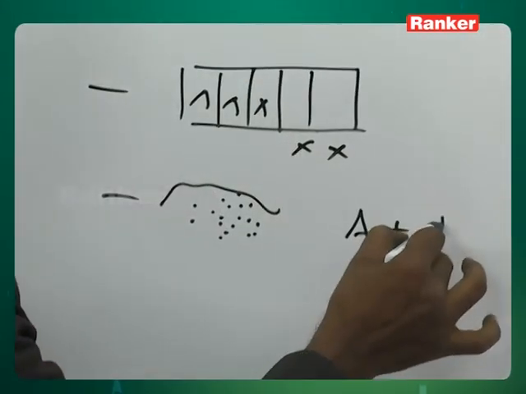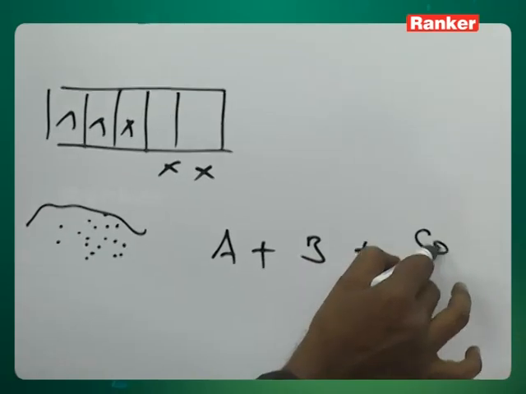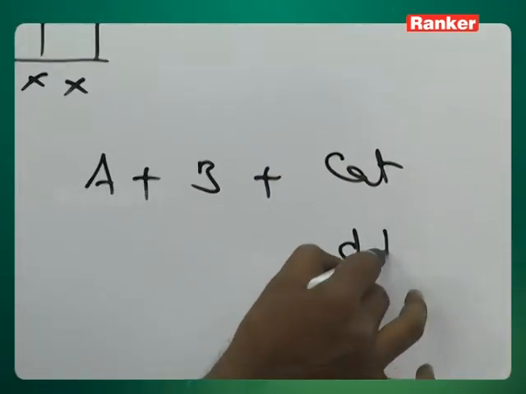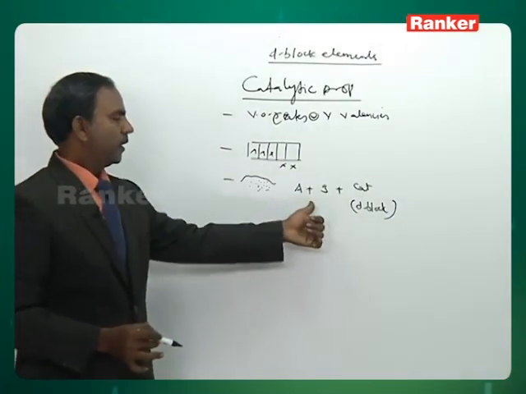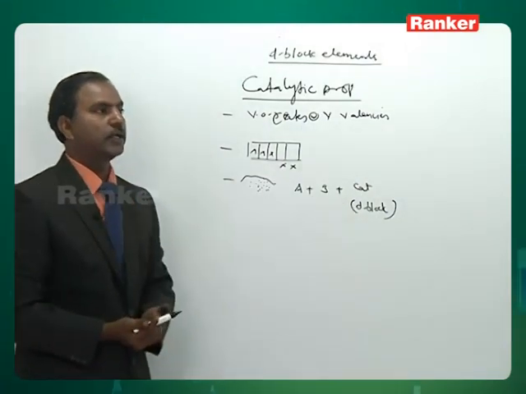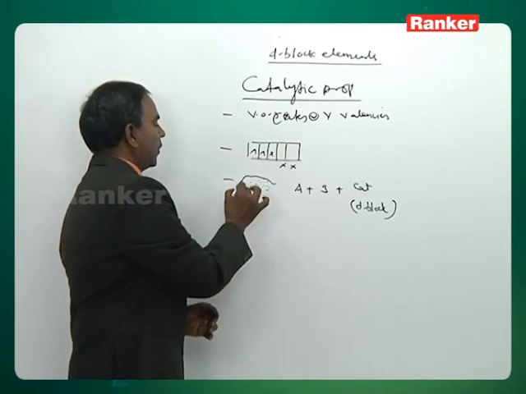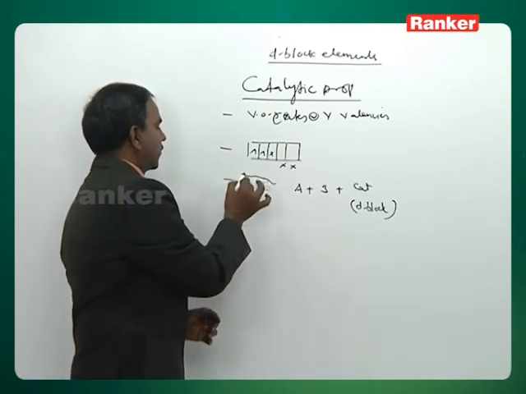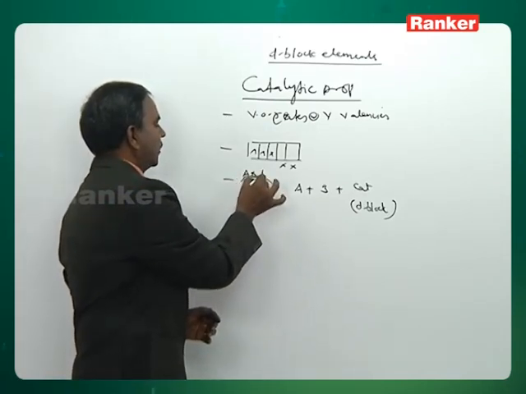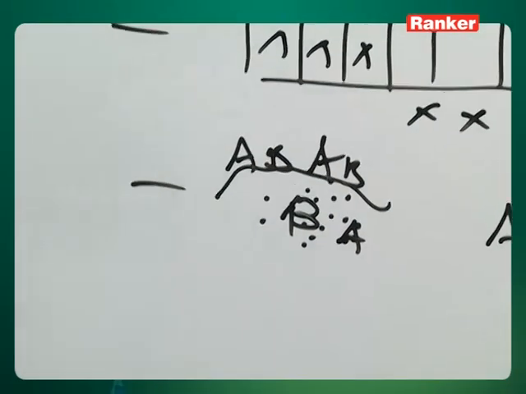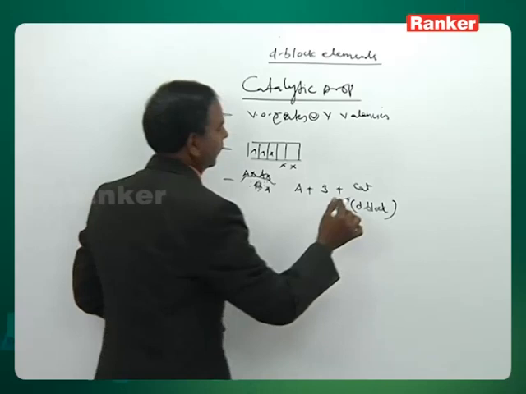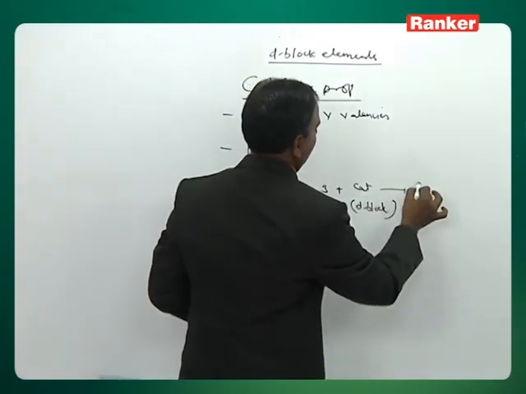Now consider A and B plus catalyst, let me say D block. A and B reactants in presence of the catalyst, a D block element, and because of greater atomic surfaces, it easily adsorbs the reactants and facilitates the reaction to take place.